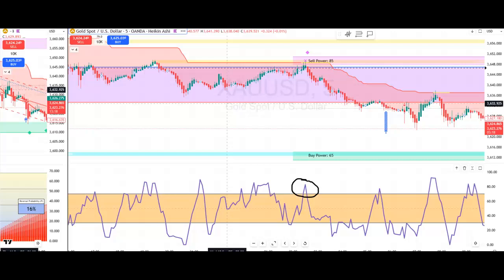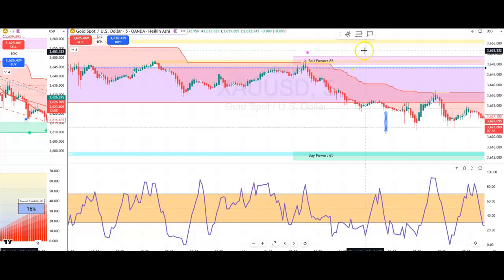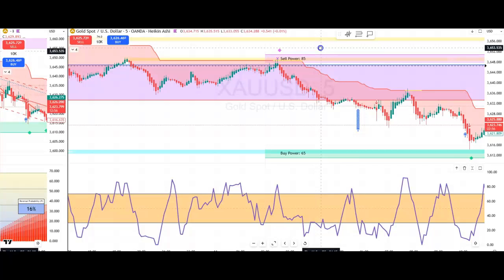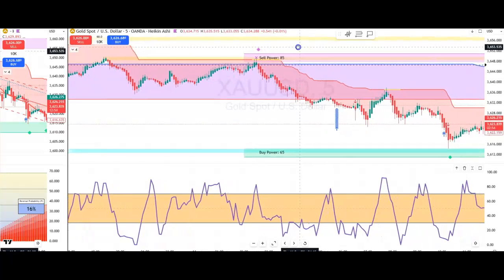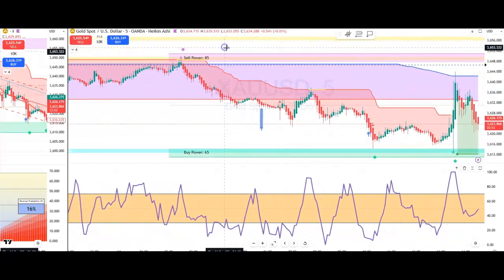So anything over 70 in this instance is a sell, sell, sell. Of course, if it's green, then you're looking for a buy and you're looking for the price to be cheap. This indicates that the price is very expensive at this area and highly likely that money flow is going to come out of the market and the price goes down. And we can see this throughout the Asian session, can't we?